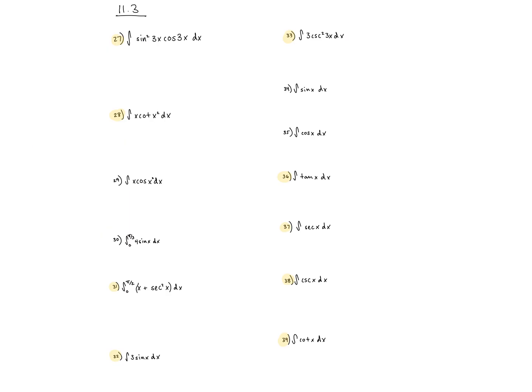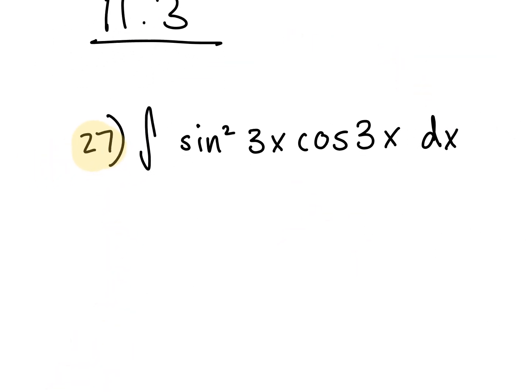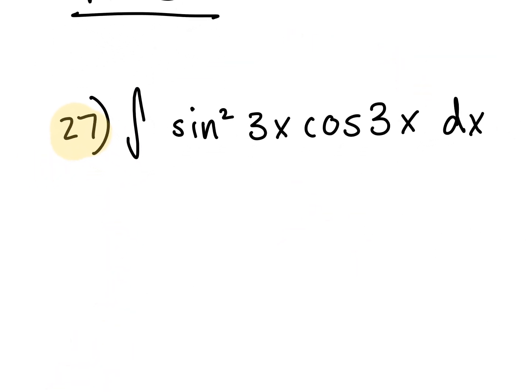All right, let's take a look at 27. So I'm going to find the integral of sine squared of 3x times cosine of 3x. Here, when our trig function is squared, this is like saying sine of 3x squared. When you have a trig function in parentheses with an exponent, especially if you have the derivative of that trig function, you want to use substitution.